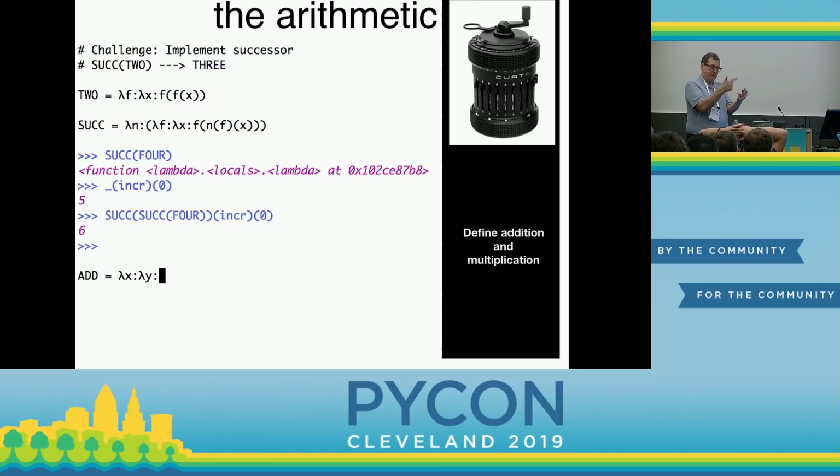Basically, you just did 3 successors of 2. 2 and 3 is 3 successors of 2. And you could do that. Basically the way that add would work is you would take y and apply that, take the successor function and apply it a whole bunch of times to the other number.